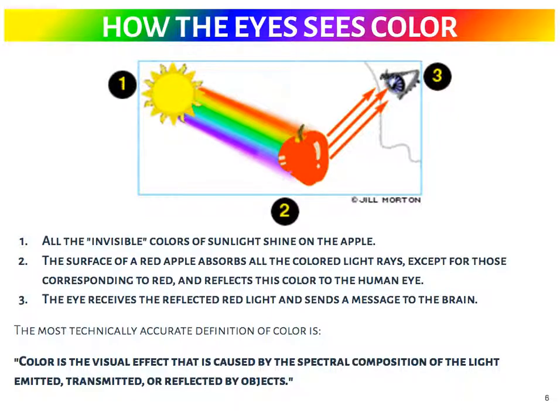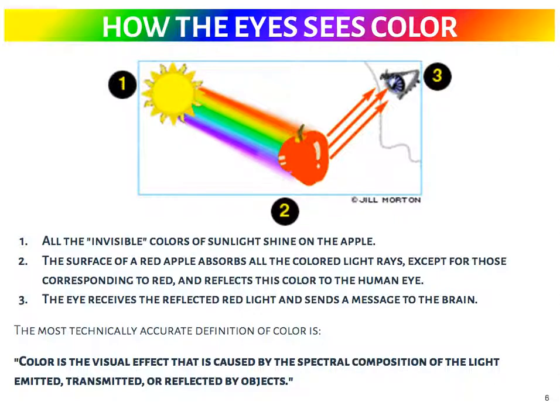So as is illustrated in the diagram below, light goes from the source, which in this case is the sun, to the object, which in this case is the apple, and finally to the detector, which in the illustration is your eye and the brain. As you can see on number 1, all of the invisible color of sunlight shines on the apple.